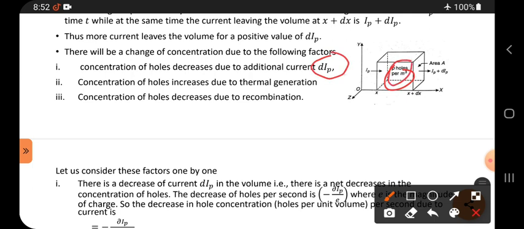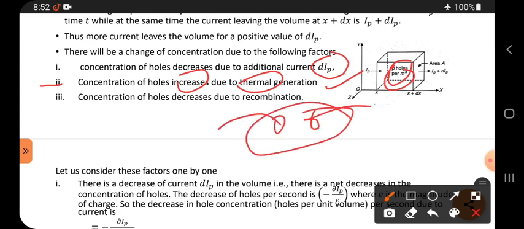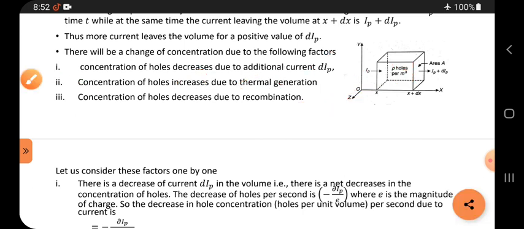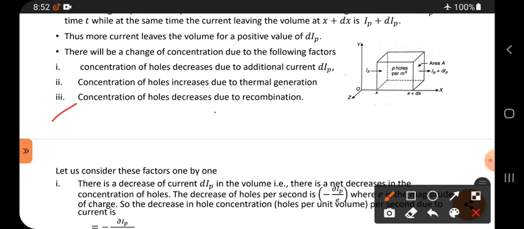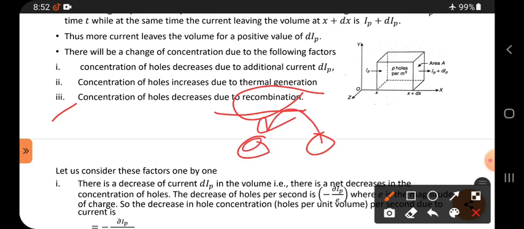Second, the concentration of holes increases due to thermal generation. Because of temperature, electron hole pair generation takes place. When an electron hole pair is generated, one hole is created, and one electron is created, so the concentration increases. Third, the concentration of holes decreases due to recombination. Holes are generated, and after a certain time a hole may combine with an electron.